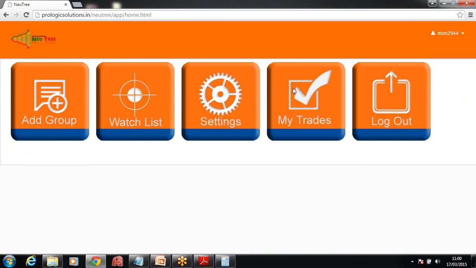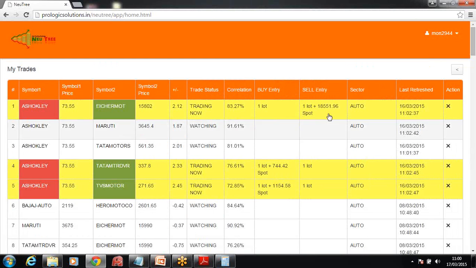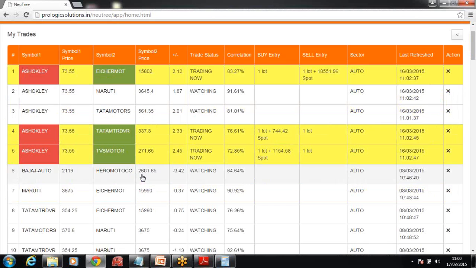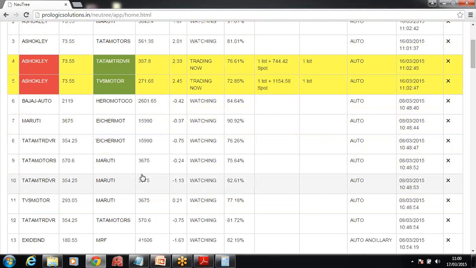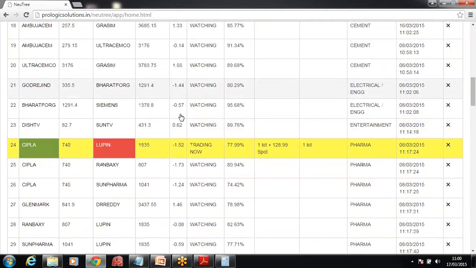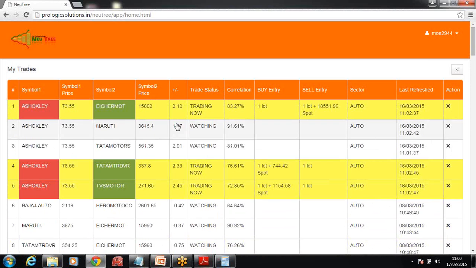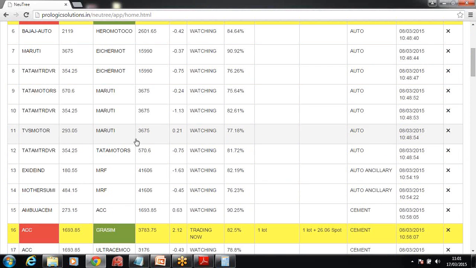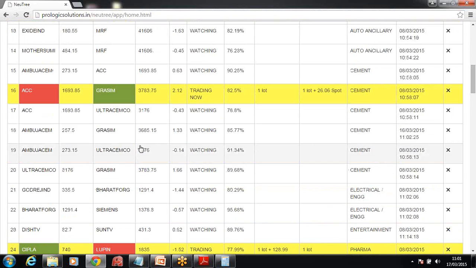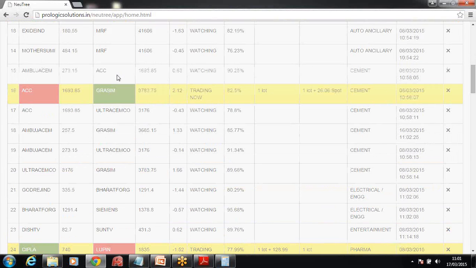And my trades is nothing but once I get the trades, I choose those particular trades and then put them in my trades. These are the trades that have already occurred. ACC and Ambuja was a very good call.